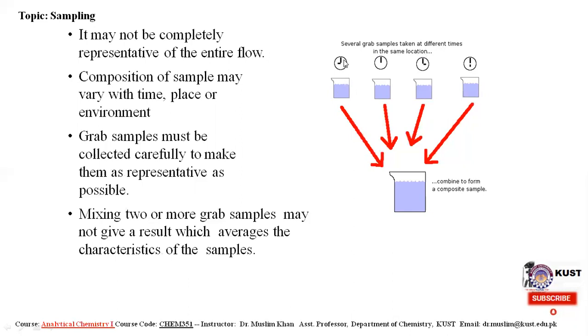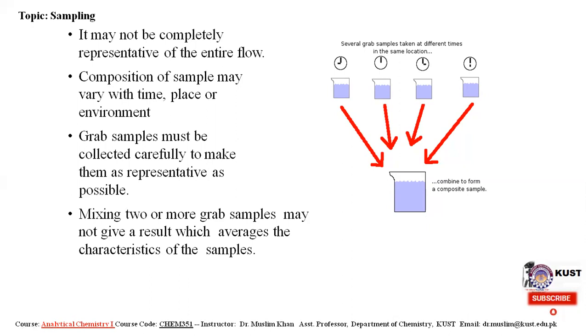For example, one at 9 o'clock, another at 12 o'clock, another at 3 o'clock, another at 6 o'clock. Then, let's say 100 ml from each, combined to form a composite sample.